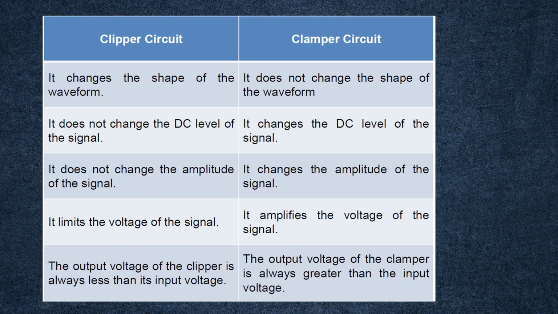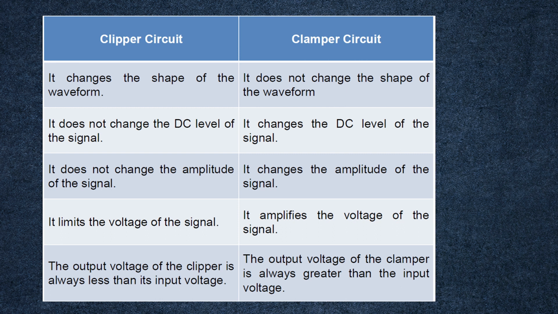So, in clipper circuit it changes the shape of the waveform, whereas clamper circuit does not change the shape of the waveform. Important difference between the clipper circuit, it changes the shape of waveform, but clamper circuit simply shifts it up and down or adds the magnitude, but it does not change the shape at all. In clipper circuit it does not change the DC level of the signal, whereas clamper circuit changes the DC level of the signal. Clipper circuit it does not change the amplitude of the signal, but clamper circuit changes the amplitude of the signal.